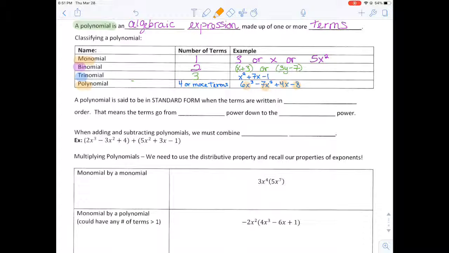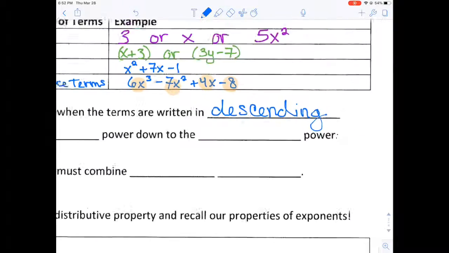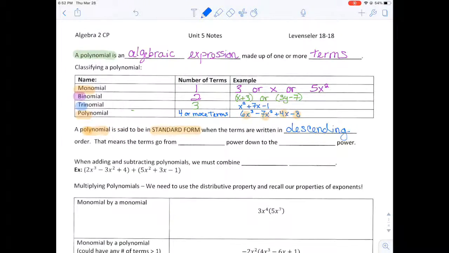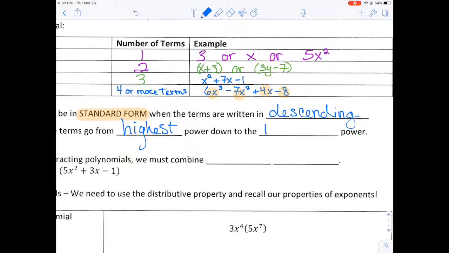The other piece of the directions that you're going to be asked to do is to write your answers in standard form. So a polynomial is said to be in standard form when the terms are written in descending order. Descending order means that your terms are going to go from the highest power down to the lowest power.